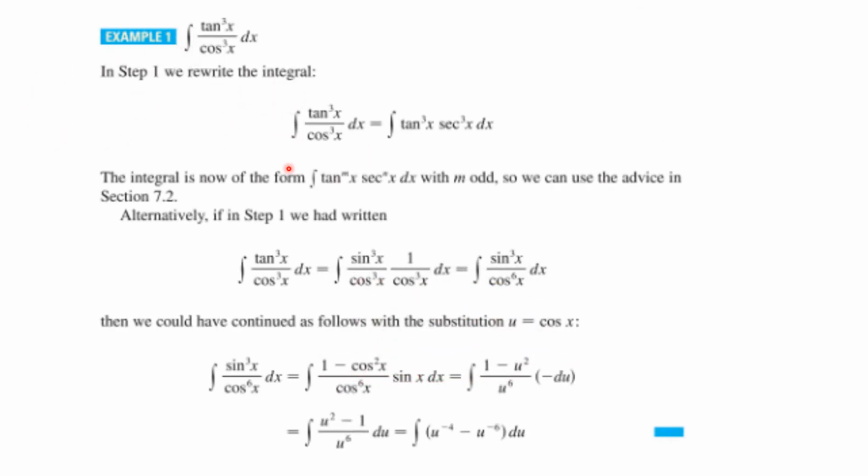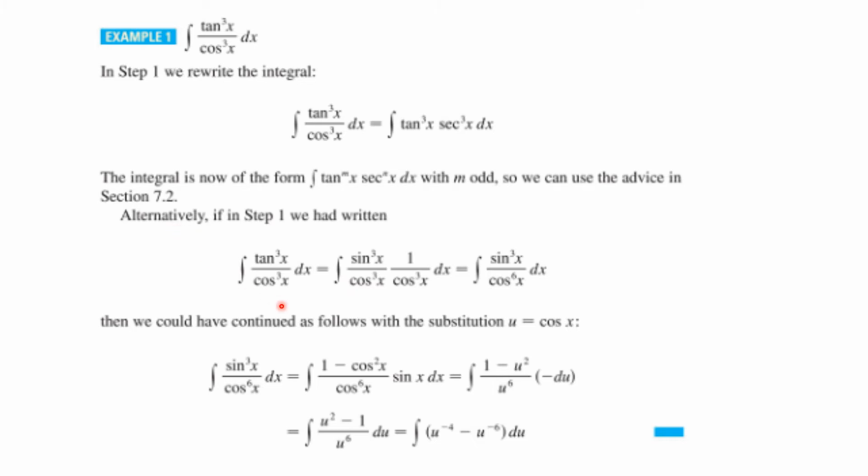Well, to solve this, this is tan cubed times secant cubed. And so you see this is of the form where m is odd, the exponent on the tangent. And so the advice that we gave is that you're going to strip out a tangent and a secant and let u equal secant x.